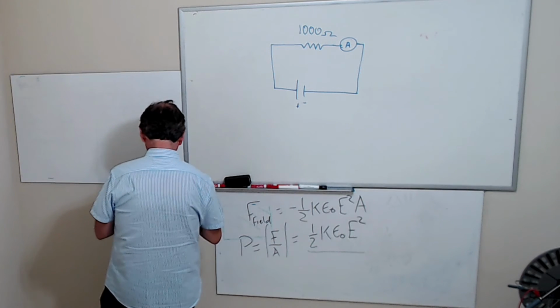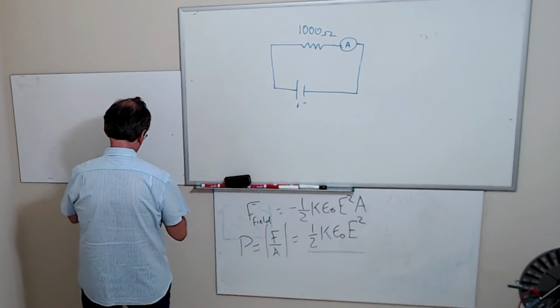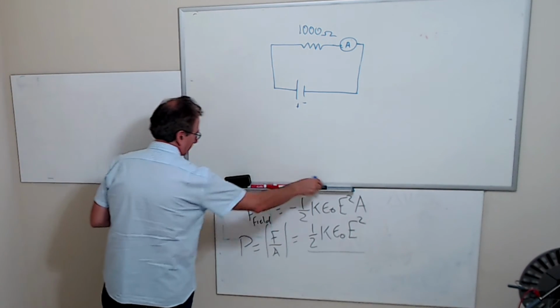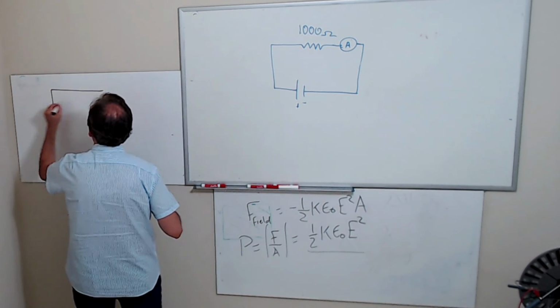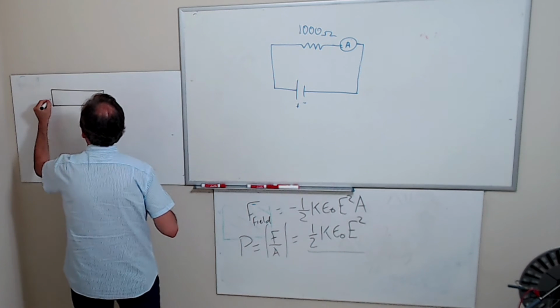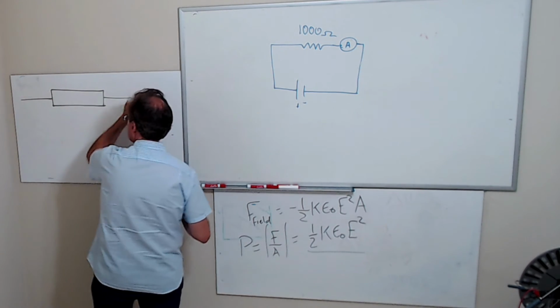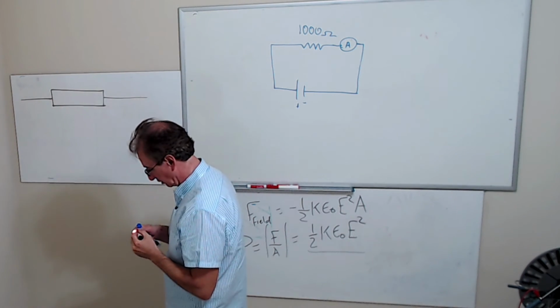looks like this. I'm going to draw a blown up picture of the resistor. And I'm going to tell you the most common resistor code.